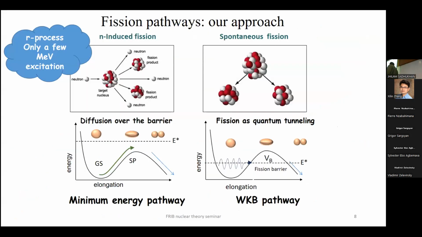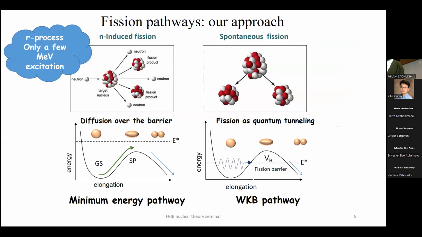So, what is our theory? What we are going to apply is something like this. For our process calculation, we need either spontaneous fission or neutron-induced fission. Now, for spontaneous fission, we can solve the problem by using the WKB approximation.